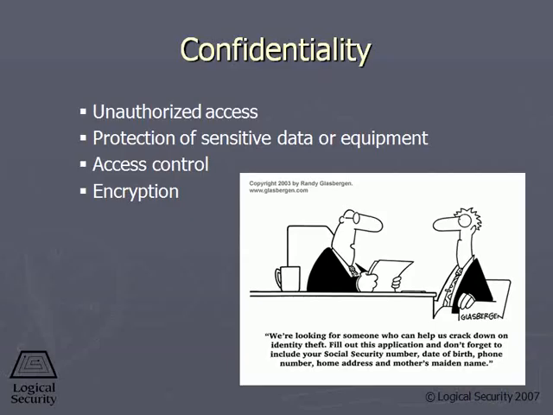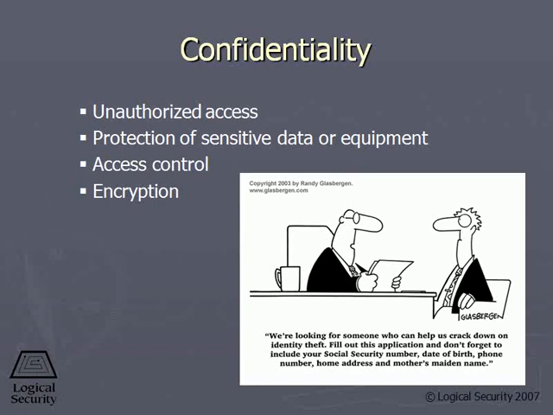Now, confidentiality is pretty simple, at least conceptually. This is what people usually think about when they think about security. So we want to make sure that whatever somebody's not supposed to have access to, they don't have access to. And in each one of these domains, we're going to have some type of control that is going to provide confidentiality: access control, encryption, a lot of different things, because usually the goal is to protect your data.